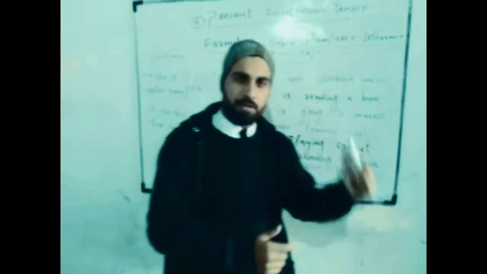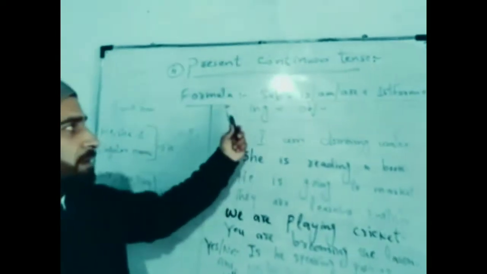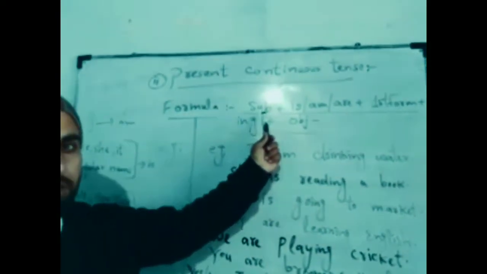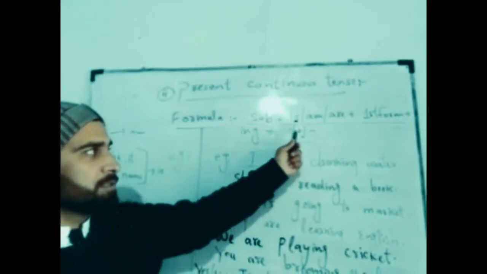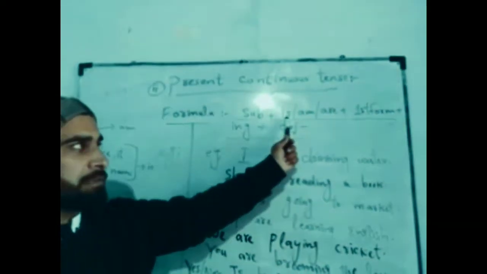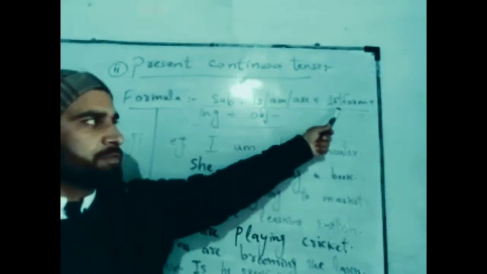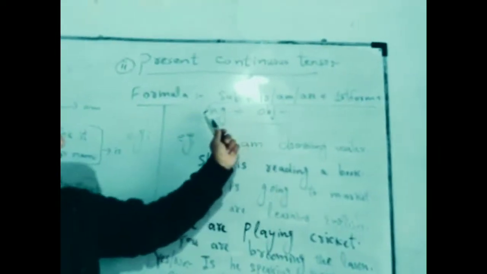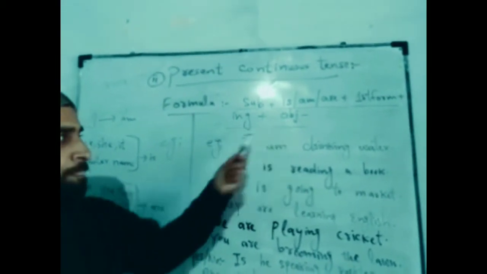So let's get started. The present continuous tense has the formula: subject at the beginning of the sentence, plus helping verb is, am, are, plus first form of the verb plus ing, and then plus object.